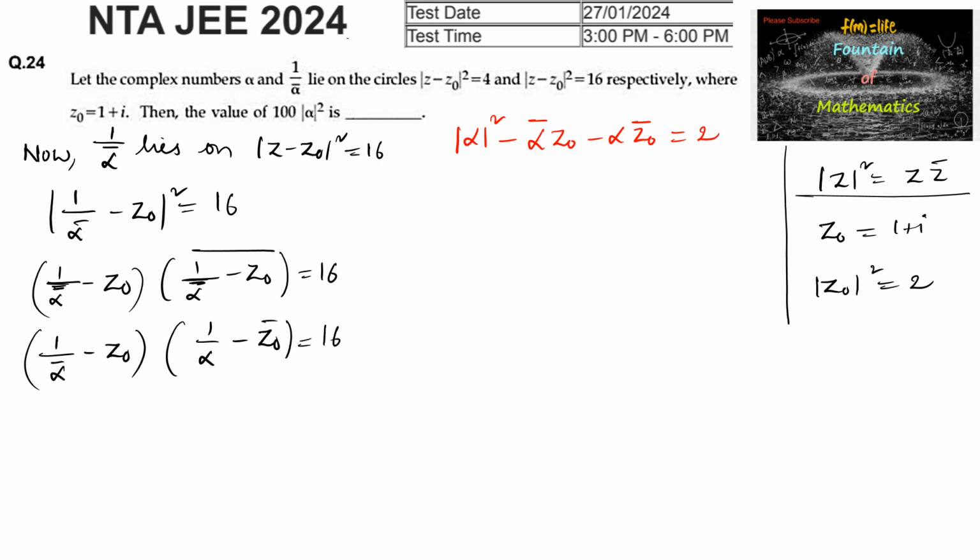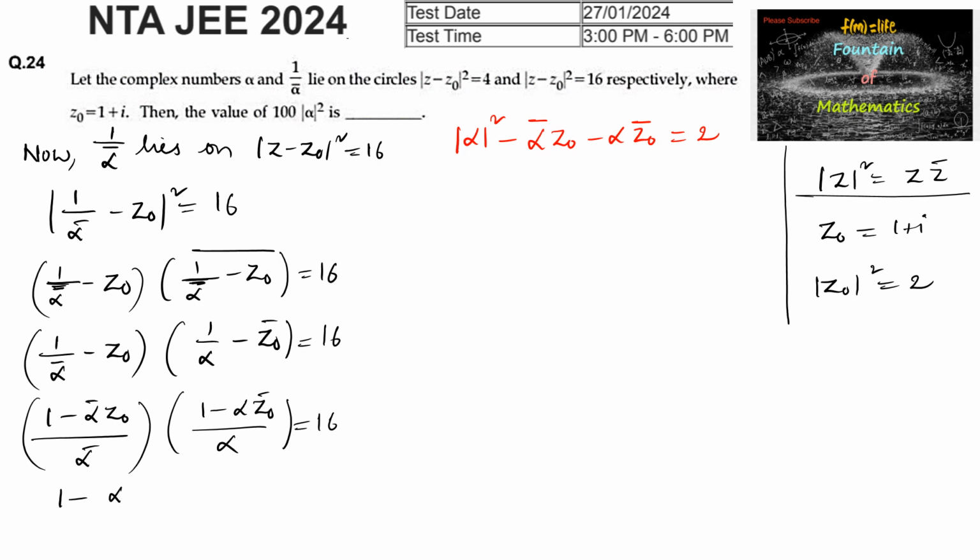equal to 16, or 1 minus alpha bar z naught by alpha bar into 1 minus alpha z naught bar upon alpha is equal to 16, or we can write 1 minus alpha bar z naught minus alpha z naught bar plus alpha into alpha bar and z naught into z naught bar upon alpha into alpha bar is equal to 16.